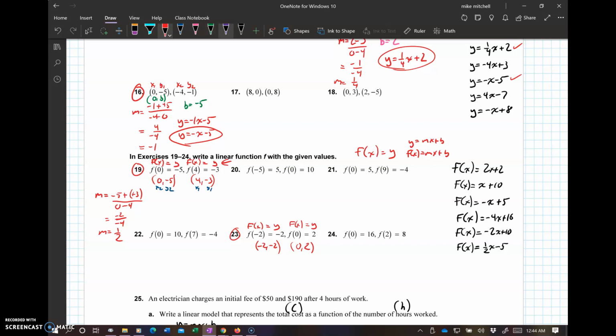If you look right here again, they gave me a y-intercept. I got my x of 0, b is -5. So I've got that already. I shouldn't circle that. We don't need that. And now I can write my equation.